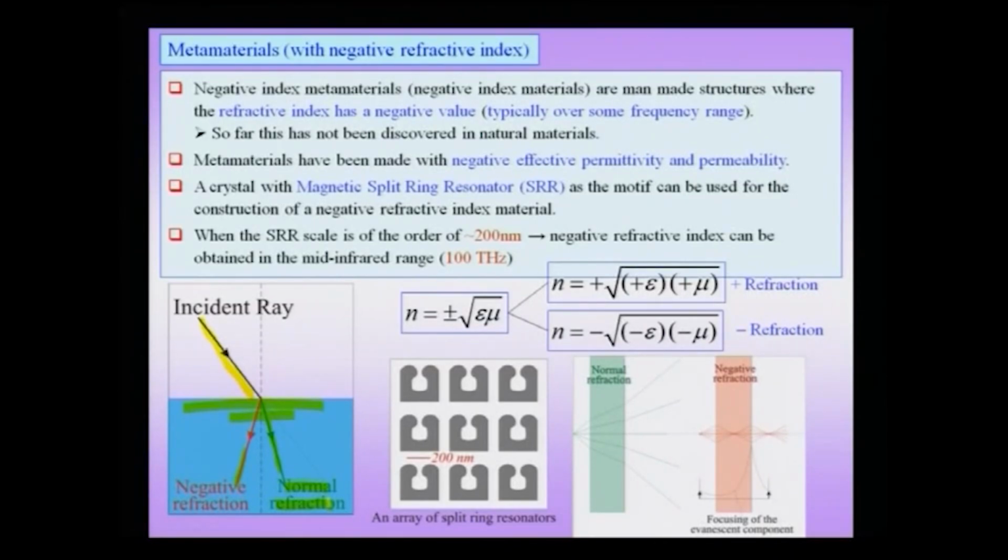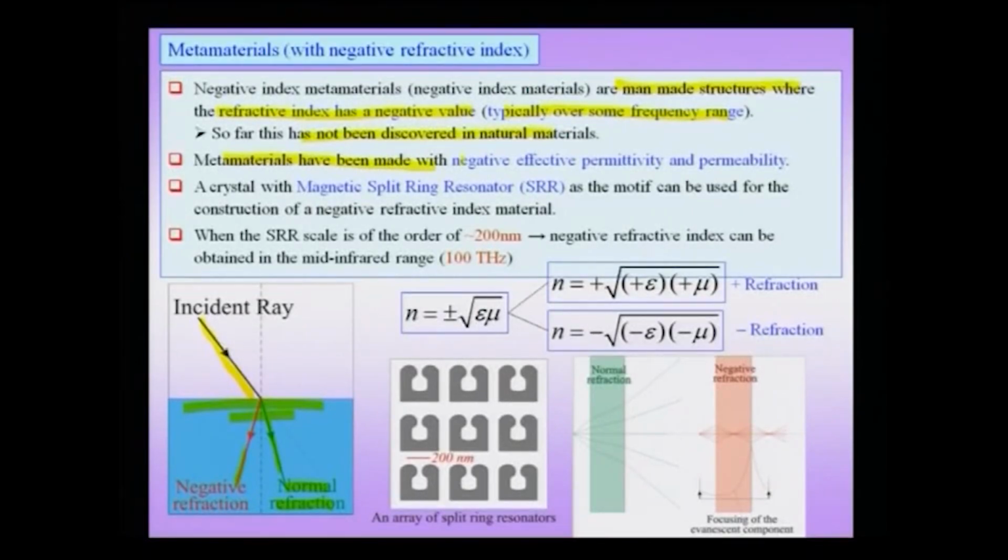Now, typically these are man-made structures wherein the refractive index has a negative value, typically over some kind of frequency range. And so far this has not been discovered in natural materials. These metamaterials, or negative refractive index materials, have negative effective permittivity and permeability.